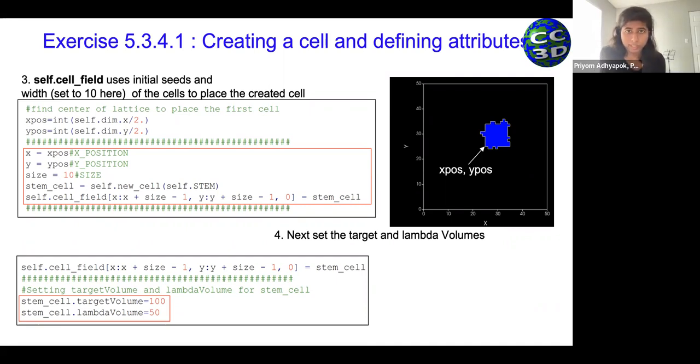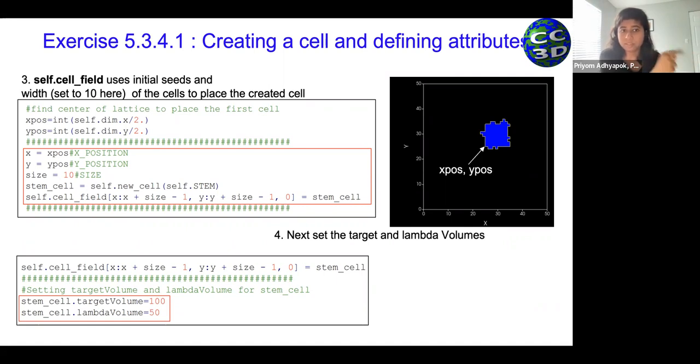Okay, so a recap of the steps we did so far. After we initialized our files, we got rid of the uniform initializer code from our XML file. We then moved over to the steppables file, where we estimated what positions I want the cell to begin with. That's what I'm calling X position and Y position. I had some sort of dimension in mind of how big I wanted that cell to be, which I'm labeling as size.